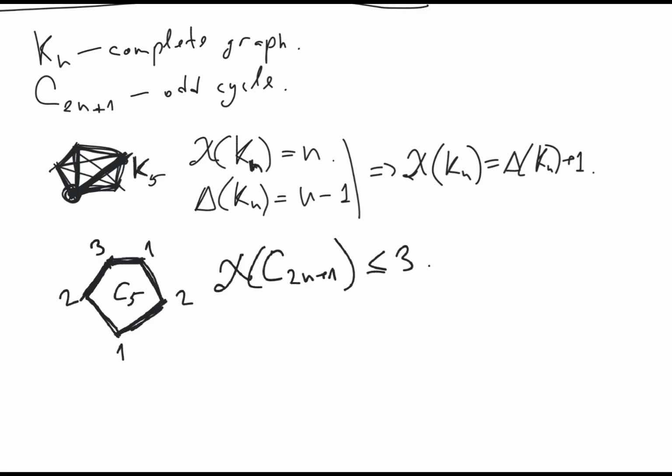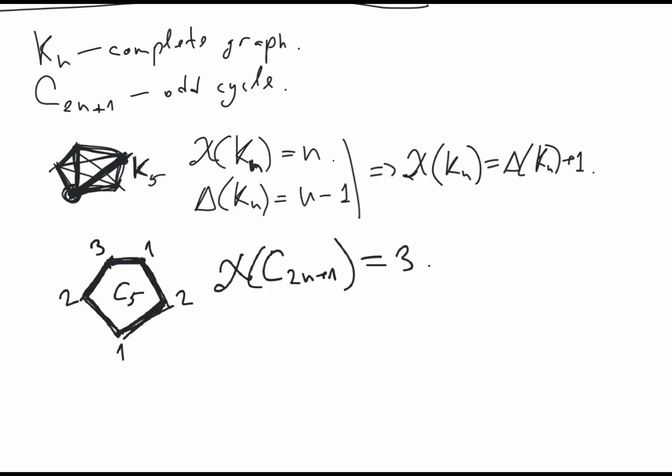And an odd cycle itself contains an odd cycle. So therefore it is not 2 colorable by this theorem. And therefore, not 2 colorable means that chi is greater or equal than 3. Because it's less or equal than 3 and greater or equal than 3, it is exactly equal to 3. So the chromatic number of odd cycles is exactly equal to 3.